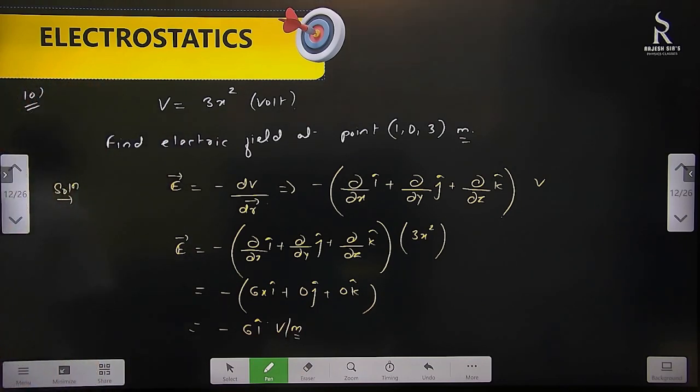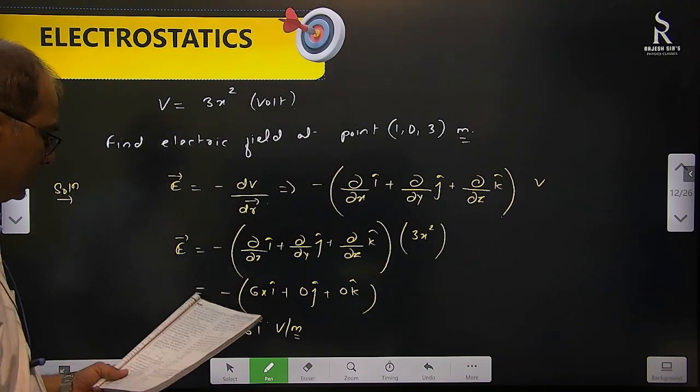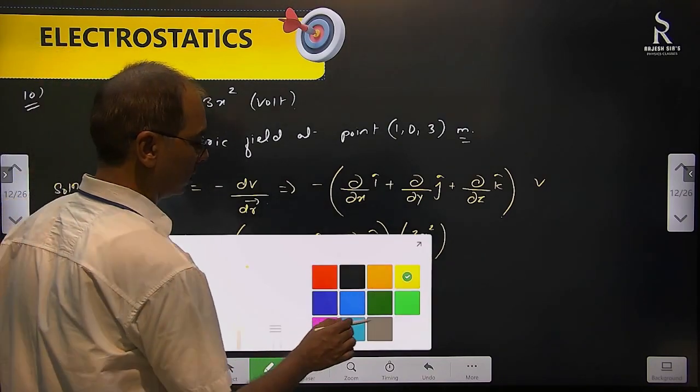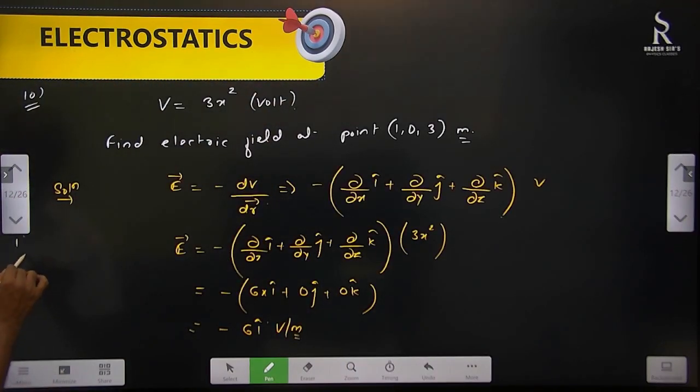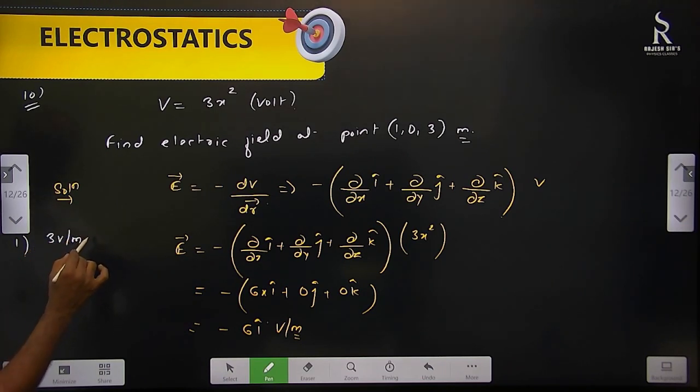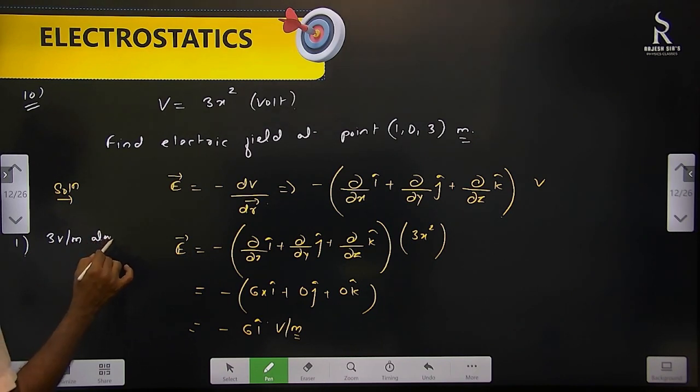Oh, I didn't write options. Okay, wait. I'll write options also. Options are big, but I'll write it still. What are the options? First option: 3 volt per meter along positive x axis.